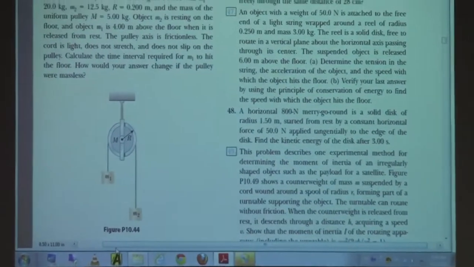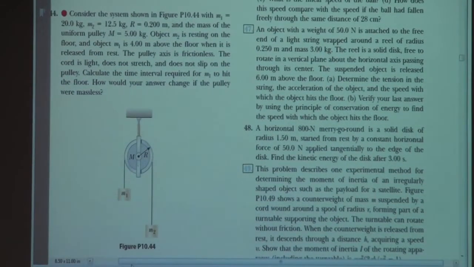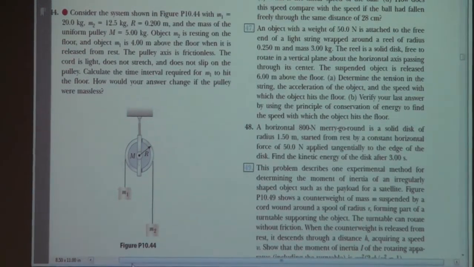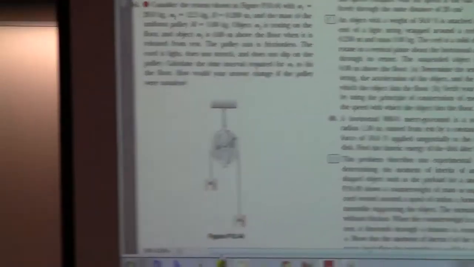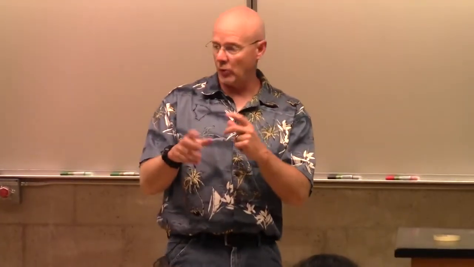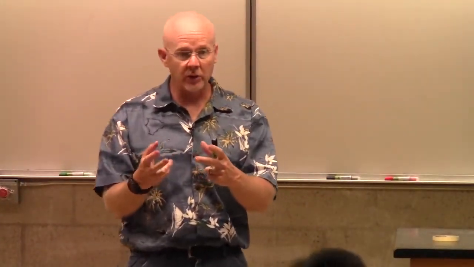A, determine the tension in the string, the acceleration of the object, and the speed at which the object hits the floor. Hopefully all these questions sound very similar to a lot of questions we had in the past, although we weren't working with rotations, we were working with translation.